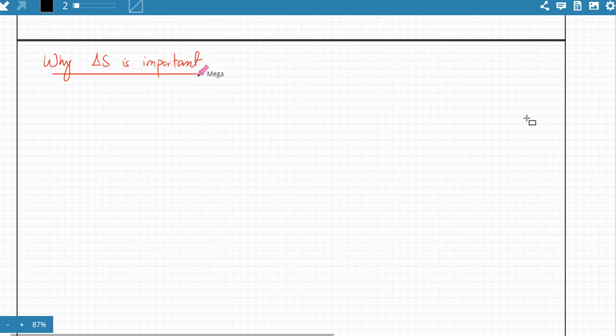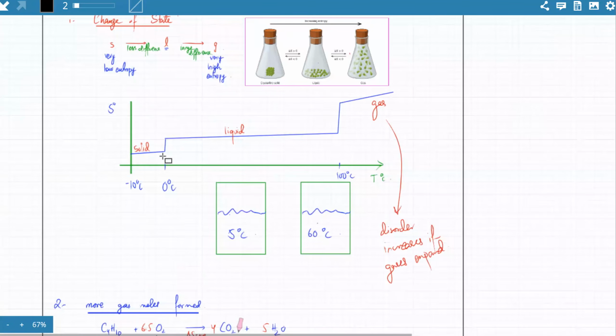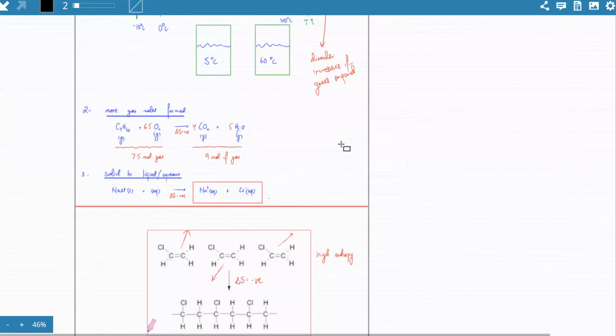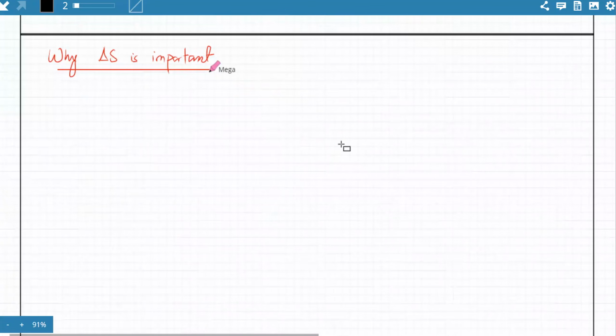Why do we care that liquid water's disorder increases when you reach 0 degrees centigrade, and it increases again when it reaches 100 degrees centigrade? We did some questions, and we tried to figure out the sign of delta S, whether it's positive or negative. Mostly by just looking at the reaction, you can figure out whether delta S is positive or negative. But why is delta S so important?